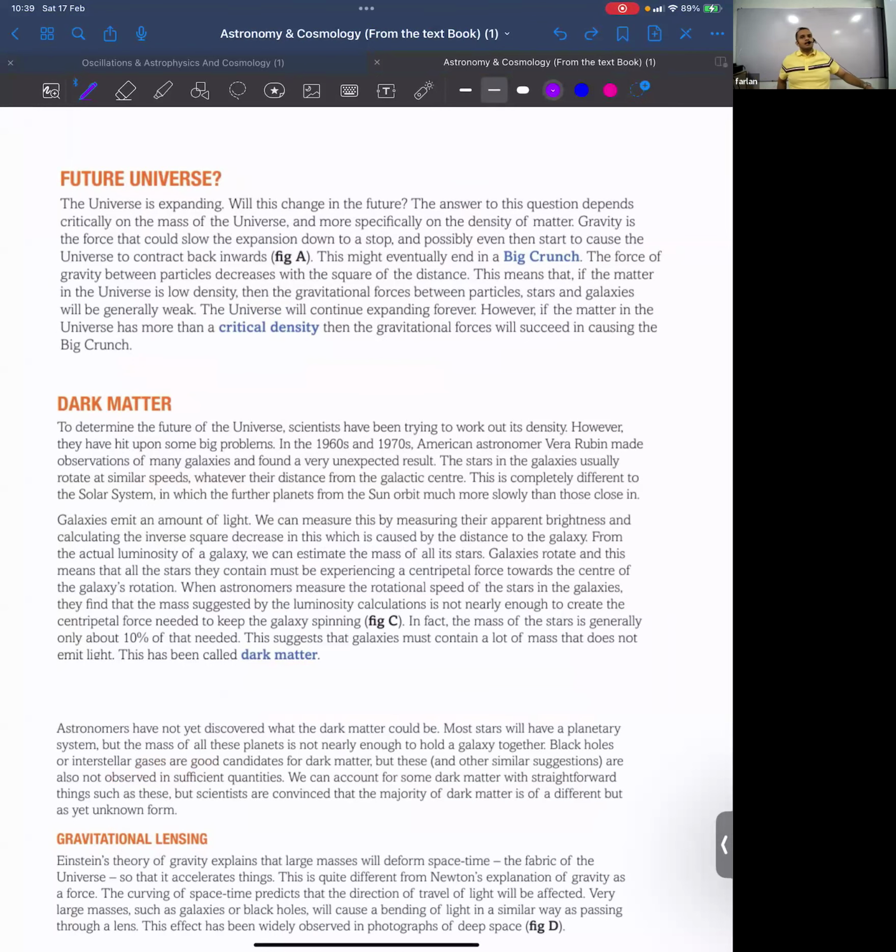Okay. Now where the universe is expanding. Correct? Do you believe that the universe is expanding? No. So until you see, you won't believe it.